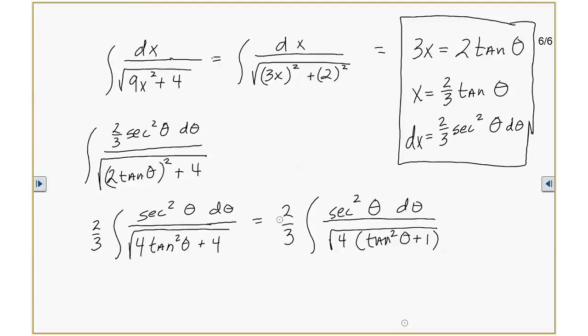Now that square root of 4, you can pull it out and the 2's cancel and get 1/3 out front. So go ahead and start doing that. And then of course, you've got tangent squared theta plus 1, which is what? Secant squared theta.